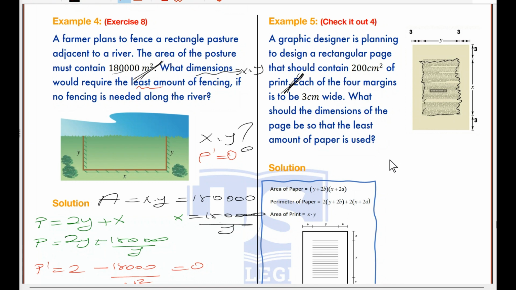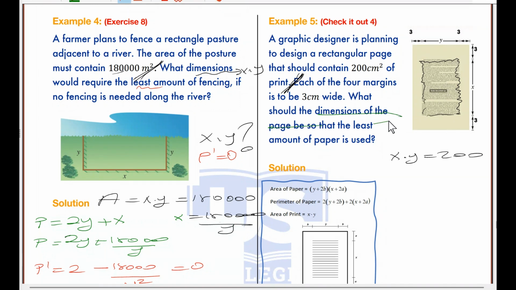So in the question we are given x times y as 200. And what is the question? Each of the four margins is 3 centimeters wide, as you can see. What should be the dimensions of the page? It's asking about the dimensions of the page, not the print.